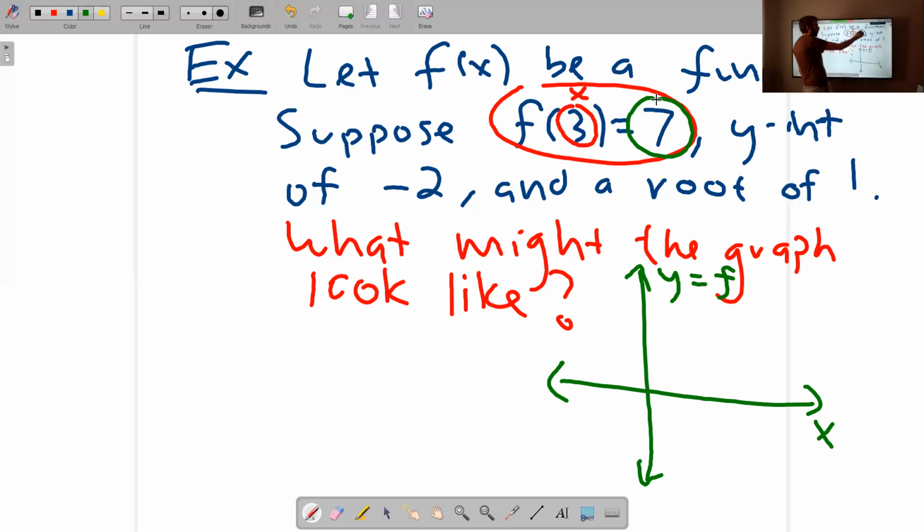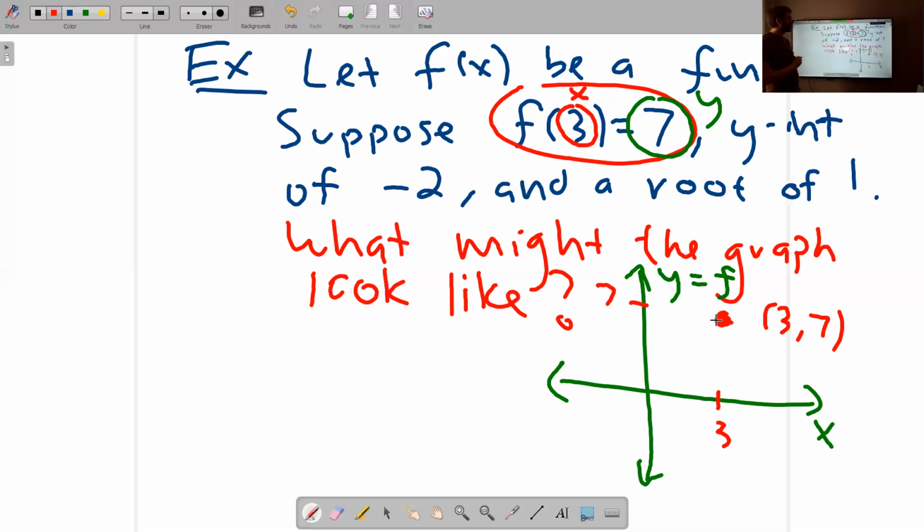So x is the input, 7 is the output, so this is the y value. So this is really just another terminology for this point over here in the graph. Call it right here, 3, 7. So 3 on the x, 7 on the y gets you this point. So that's a point on our graph.